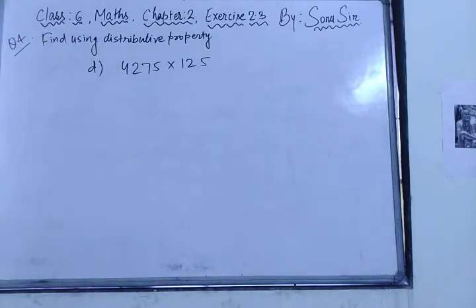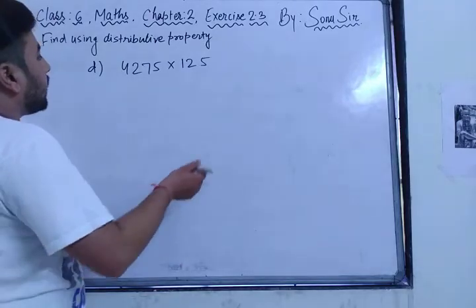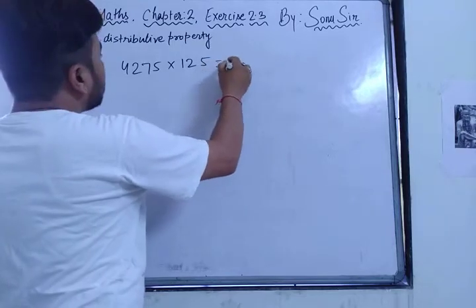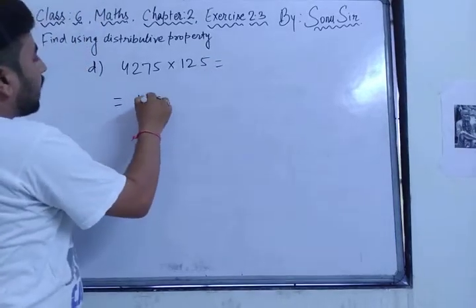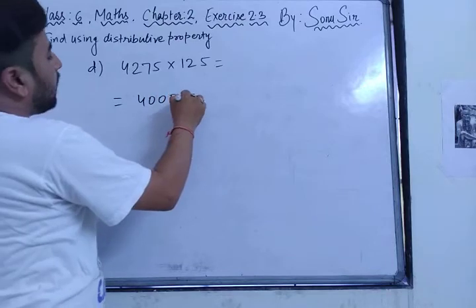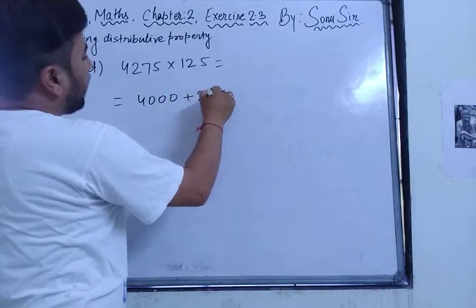By which number should we do the multiplication? It is very easy if you understand it, right? If you don't understand, then it's a little bit difficult, but if you understand, then it's very easy. What we'll do, instead of this 4275, can we write here 4000 plus 275?